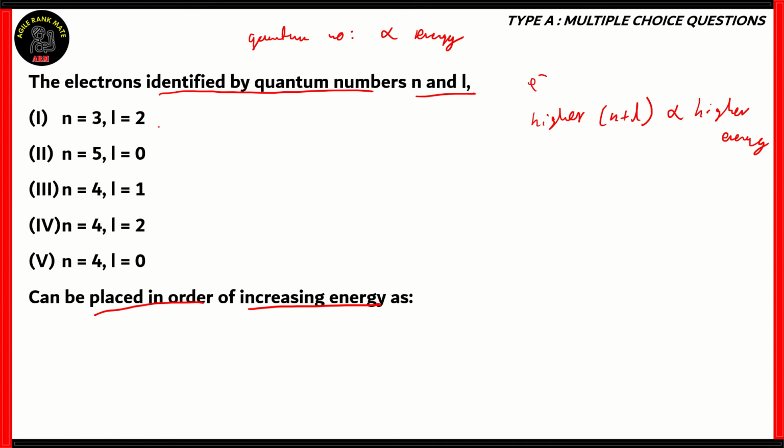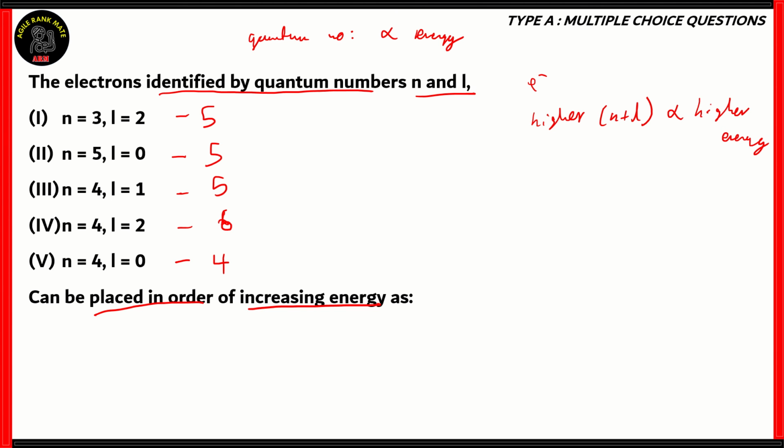For electron number 1, the addition of 3 plus 2 gives you 5. For electron 2, it's still 5 because it's 5 plus 0. For electron 3, it's 5 because it's 4 plus 1. For electron 4, however, it's 6 because it's 4 plus 2. And for electron 5, it's 4 because it's just 4 plus 0. So as you can see, the least energy is with electron number 5, and the highest energy is with electron number 4.